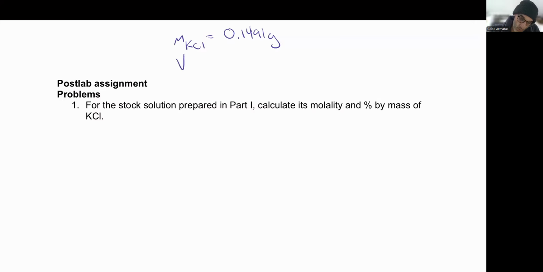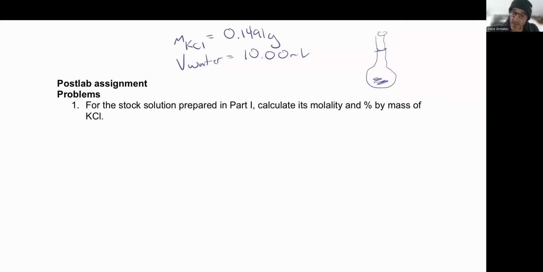The volume of water is going to be around 10 mL, but I'm just going to put that there. When we're doing this, you weigh the empty vessel, or volumetric flask, I should say. You weigh that empty, you put your salt in, you fill it up with water to the line, and then you weigh it again.